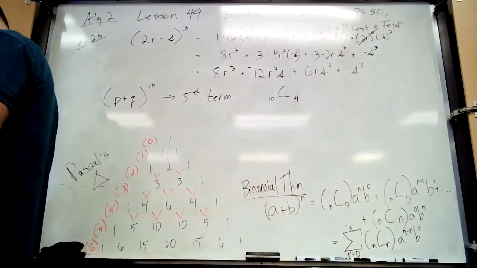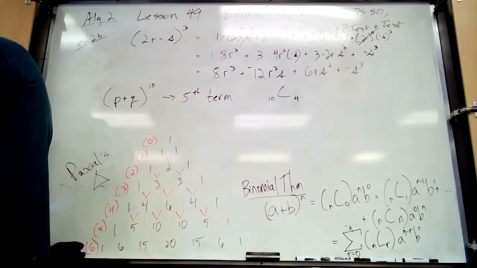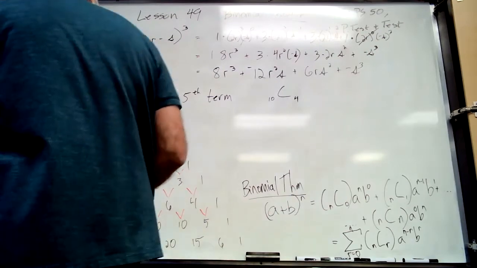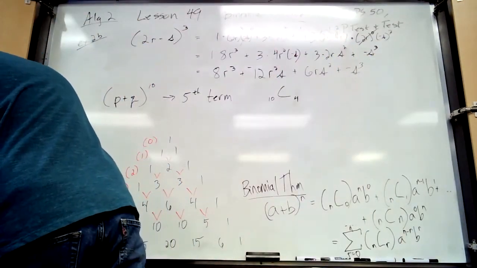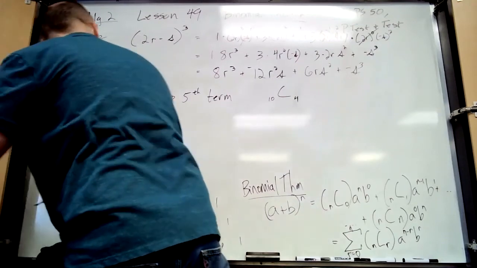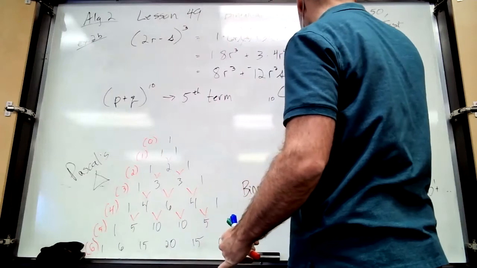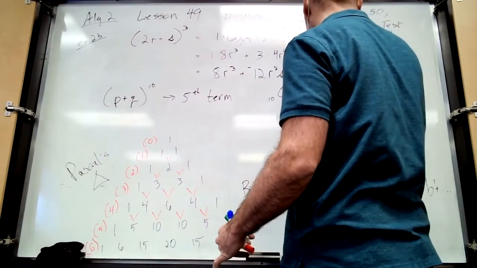I know that's confusing. So you can do it this way, or you could just look at the Pascal's triangle and then multiply it. But here's the deal. So we're going to do this combination times p to the basically 10 minus 4, and then q to the 4th.